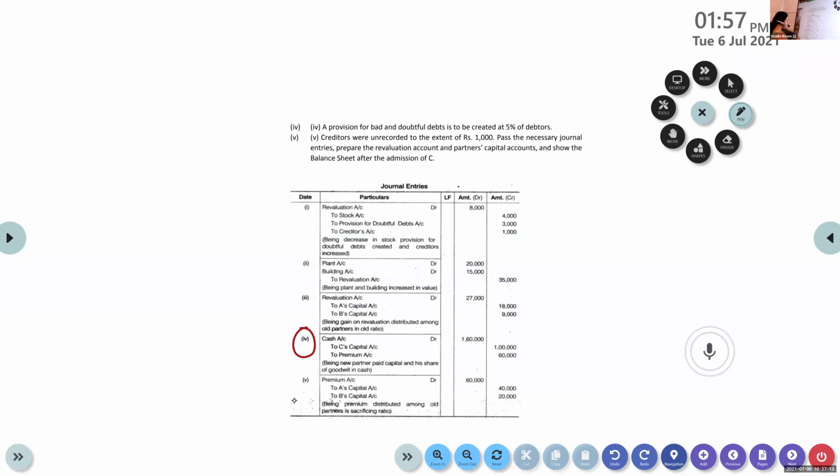Premium that he brings is distributed to the old partners in which ratio? It is the sacrificing ratio. In this question, the sacrificing ratio is the same as the old ratio.